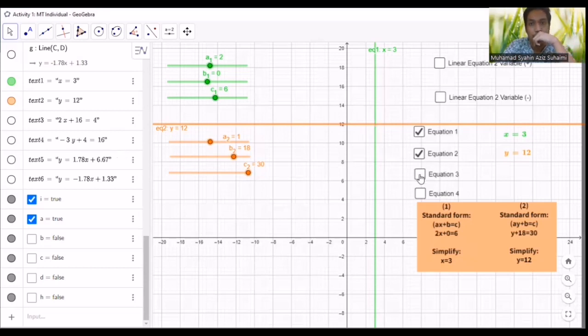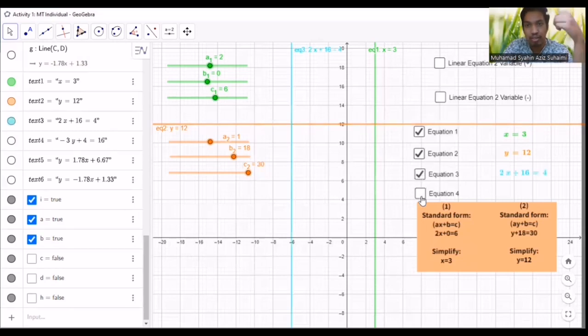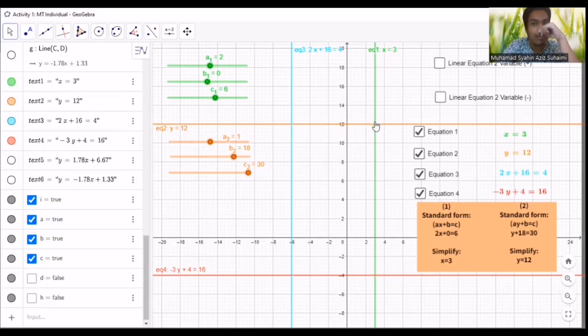And we will have more equations, equation 3 and equation 4. So we have the intersection point, or coordinate. We have coordinates A and B, and using these 2 points, we can create a linear equation in 2 variables.